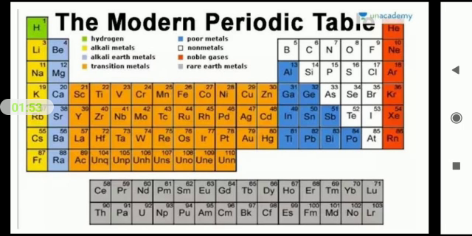The modern periodic table is arranged in such a way that all the elements have an increasing atomic number and subsequently increasing mass number. Do you know what is mass number and what is atomic number? Let us know about atomic number and mass number.